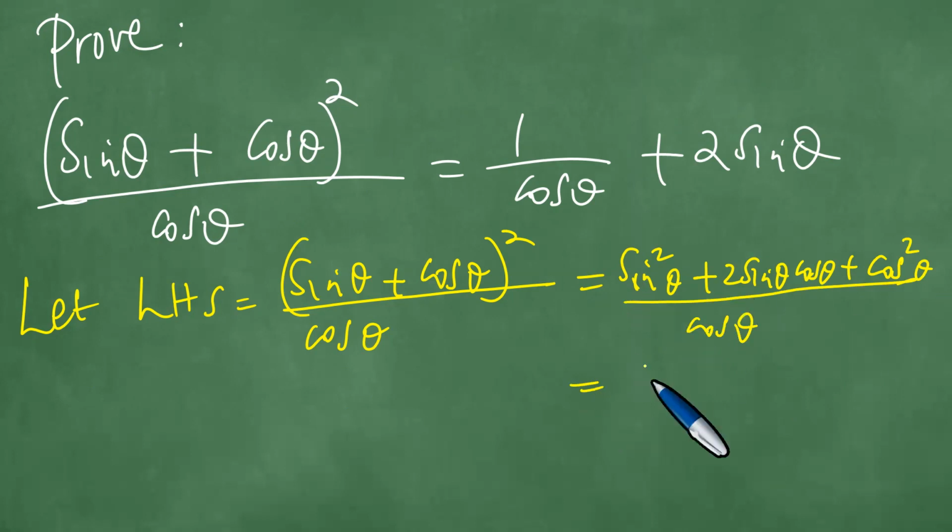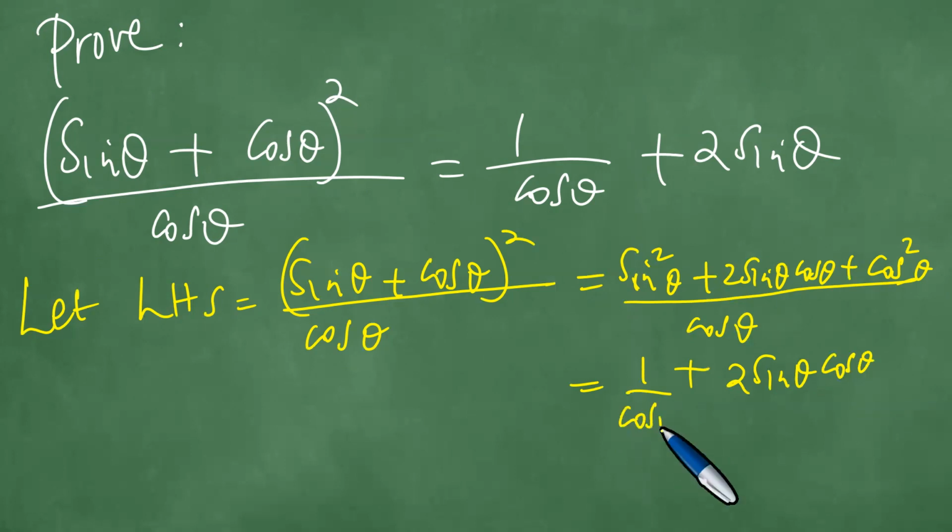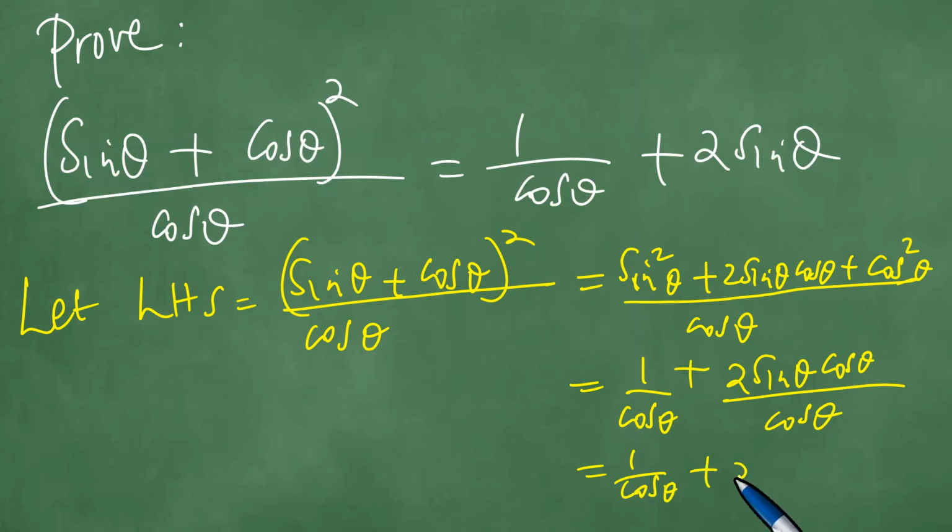Sine squared plus cosine squared is 1, plus 2 sine theta cosine theta. You divide by cosine. Cosine cancels, and you have 1 over cosine theta, plus 2 sine theta. That is the right-hand side. So we have proven this, as we have done.